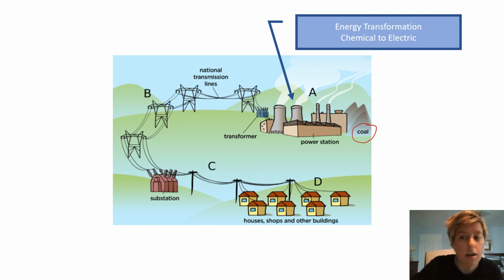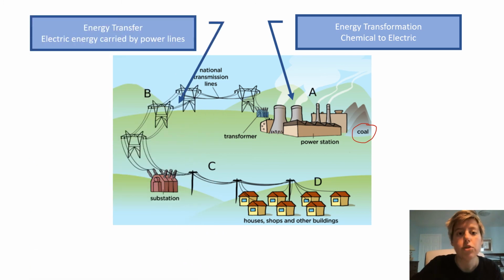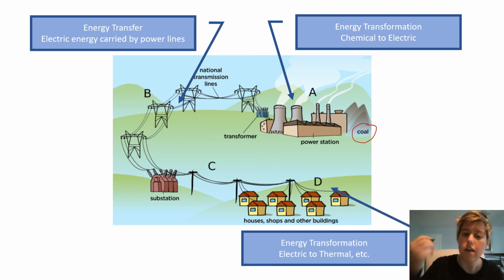And then my power lines, again, is energy transfer, where I'm transferring that electrical energy from my coal power plant to my houses. And then once it gets to my houses, I have energy transformation to all of my other forms of energy that happens in my house.